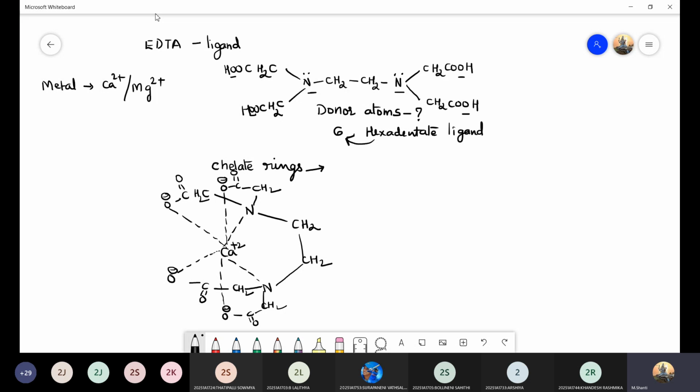Why the name chelate has been given: in Greek it looks like a pincer claw-like structure. Pincer is with a W, girls.